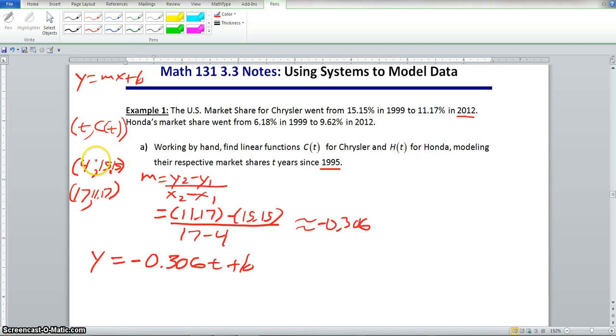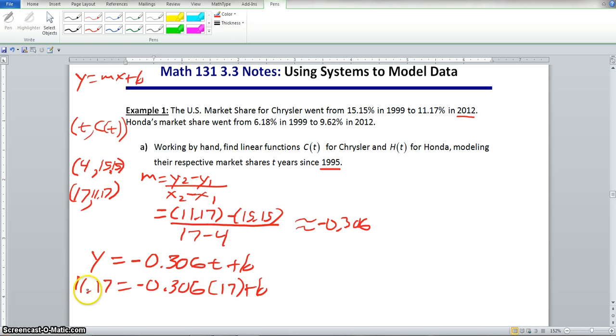Now remember, I told you earlier that this x represents our t and this y represents our C of t. So we could substitute any one of these points into this equation. Let's do the second one. Your y value, which would be 11.17, your t value would be 17, and right now we don't know what our b value is.